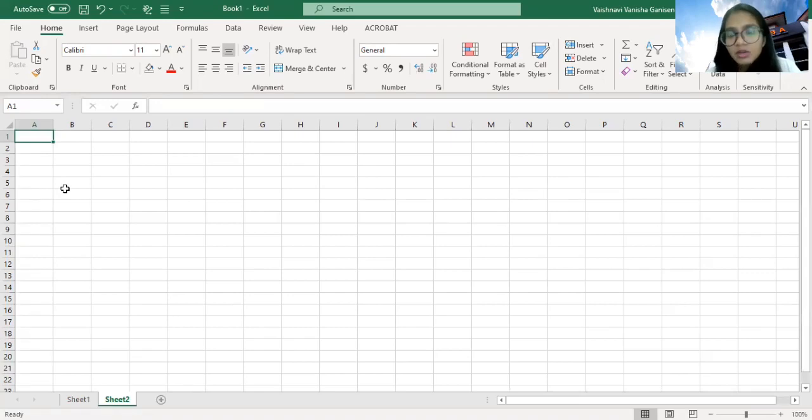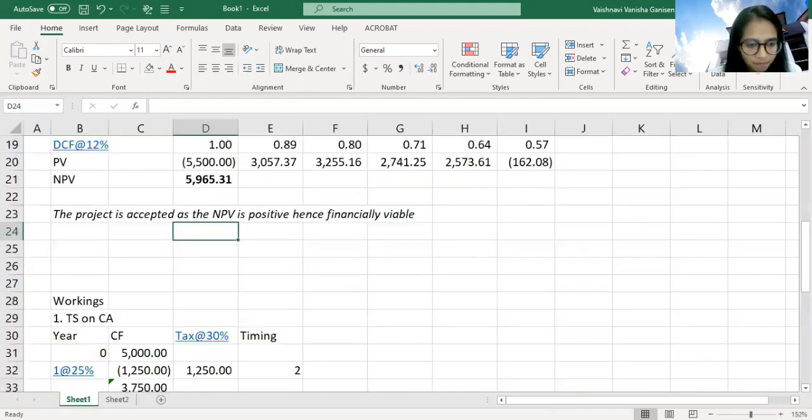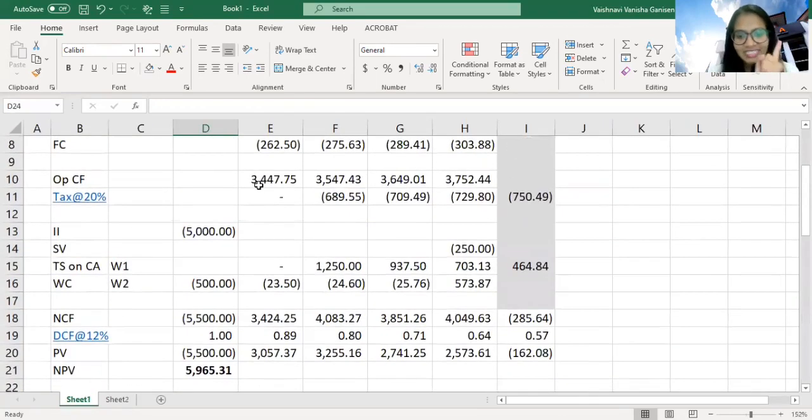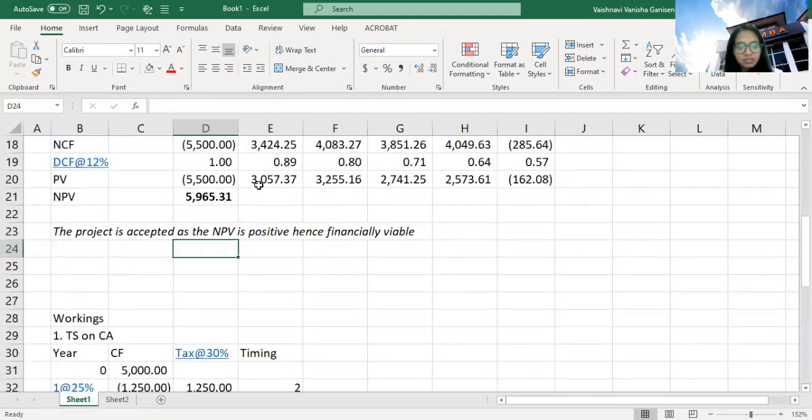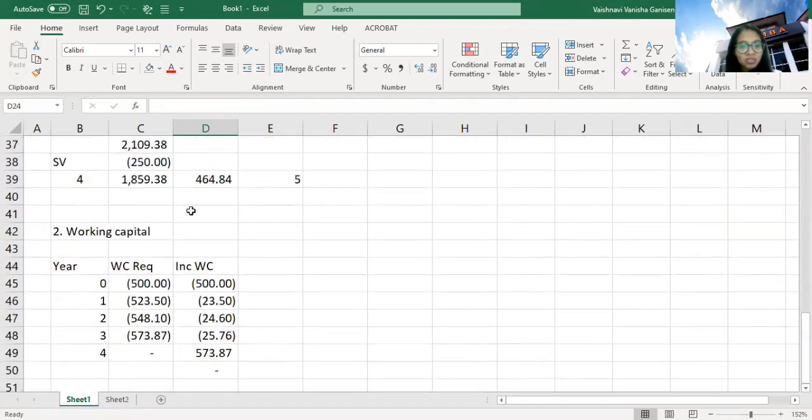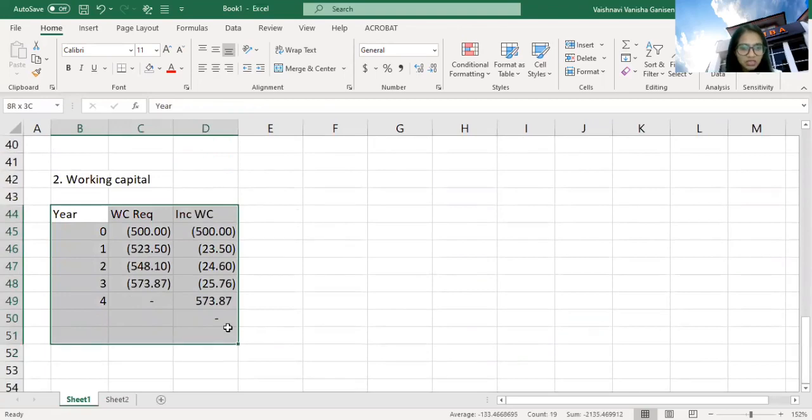So what I wanted, guys, there is something that I was supposed to do differently in this question. What is it that was supposed to be different? You can see that this is the normal way we did working capital. As a lecturer, even though I've done it so many times, there is a possibility where I overlook something.